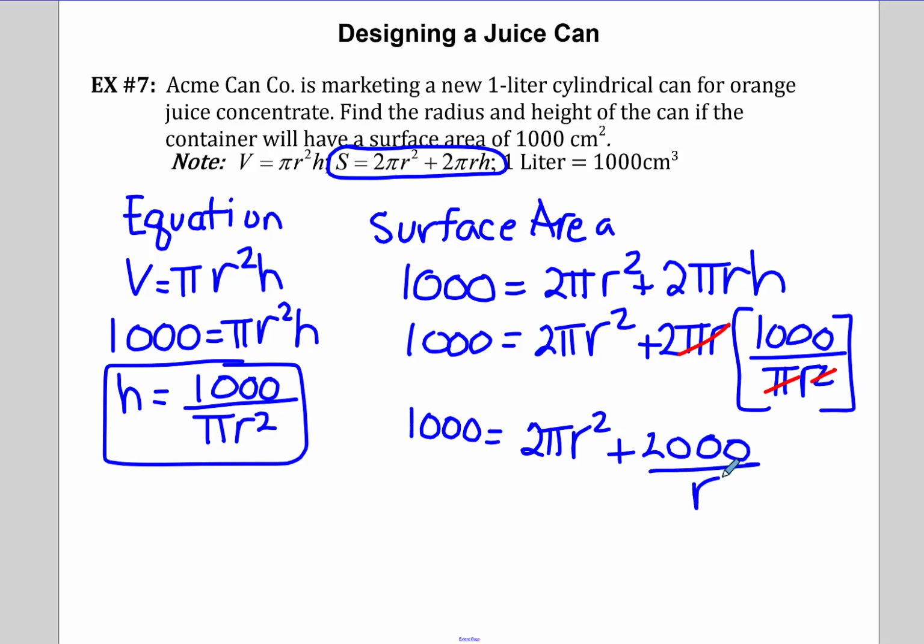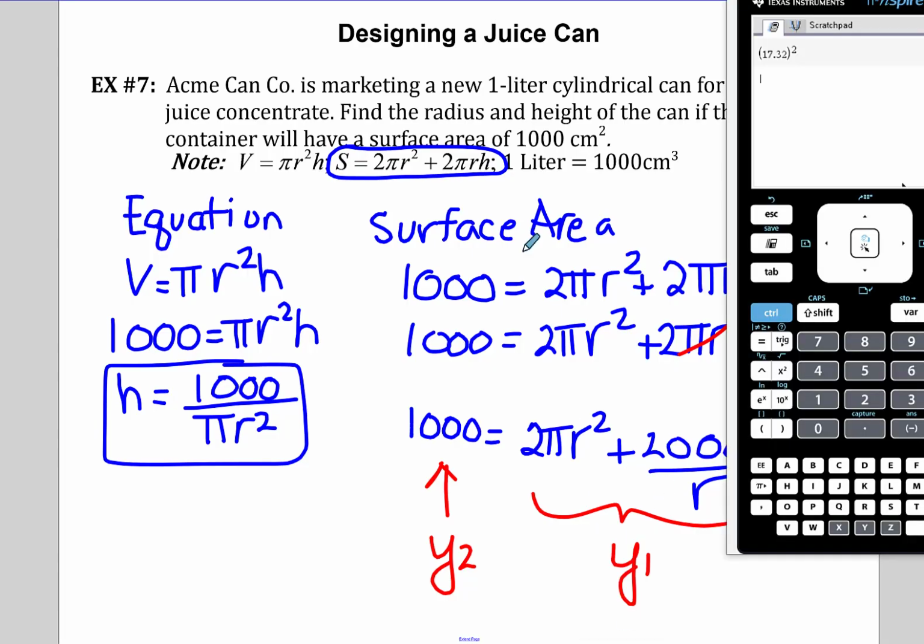So here's what we're going to do. We're going to go to our calculator. We're going to graph one equation as 1,000 and another equation, we'll call that one Y1 and this one Y2. And we're going to look at the intersection of those two graphs. So we're solving with the calculator.